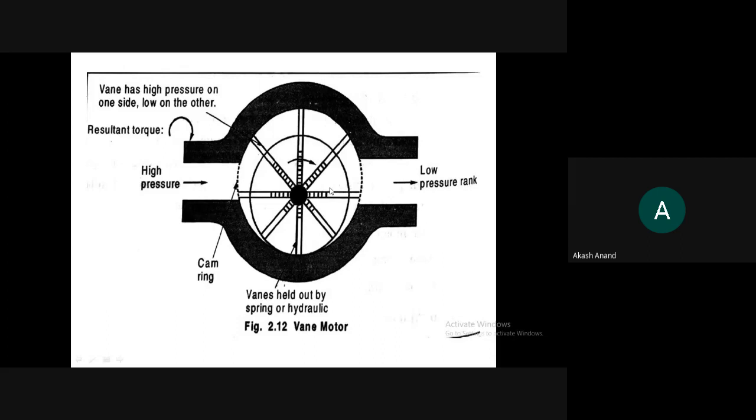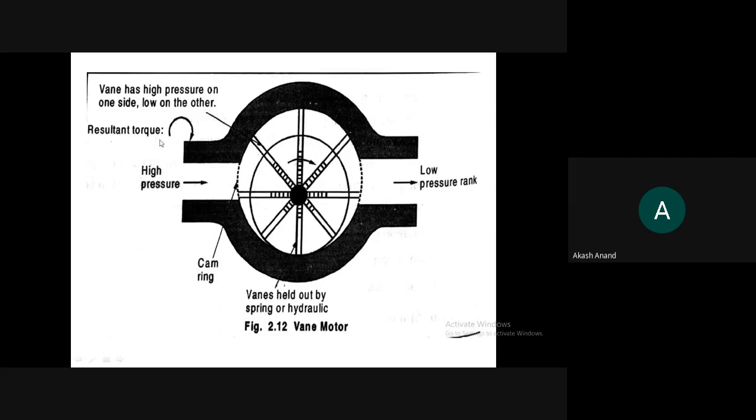It consists of vanes held out by spring or hydraulic arrangement, and it has a cam ring, a high pressure inlet and a low pressure outlet. The area of the high pressure inlet should be smaller, and there should be free space inside the casing, and the area of the outlet port should be comparatively higher than that of the high pressure port.